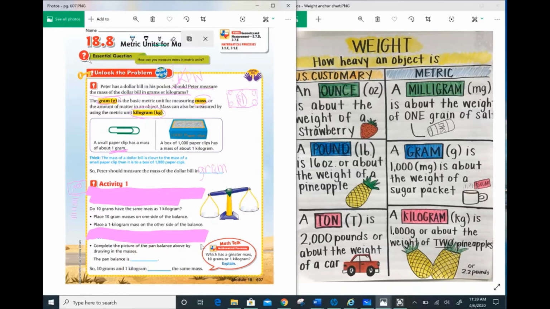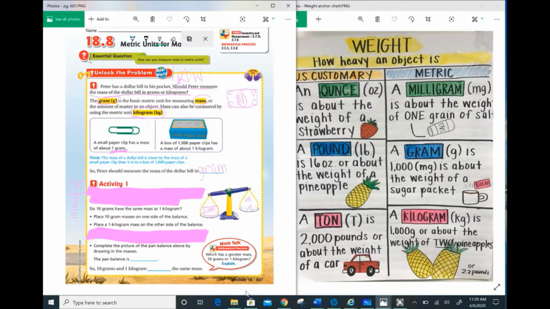I know my 10 paper clips would be way lighter than the box of 1,000 paper clips, because it's only 10 paper clips, 10 grams here. And then we have almost 1,000 grams of paper clips here. So complete the picture of the balance above. So we drew that.